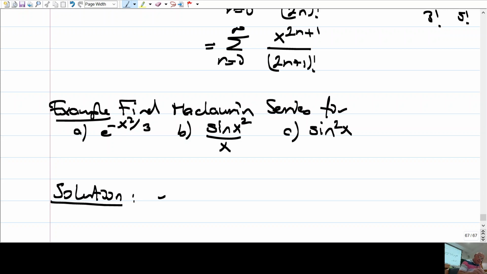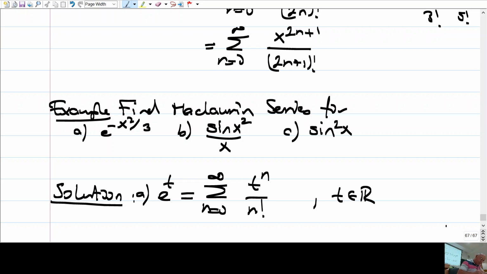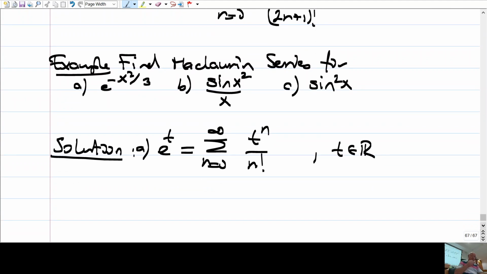Well, we know that e to the power t is this, right? So let's start from this one. The sum from 0 to infinity of t to the power n over n factorial. And here t is any real number. t can be anything. So I can just let t be minus x squared over 3.